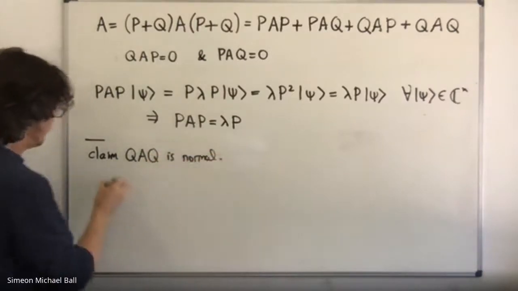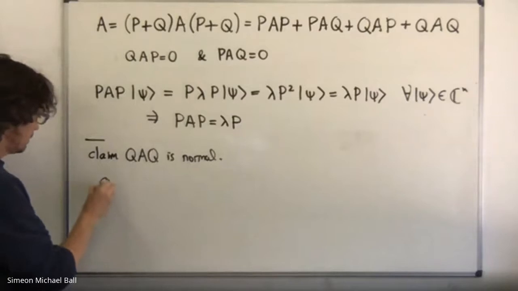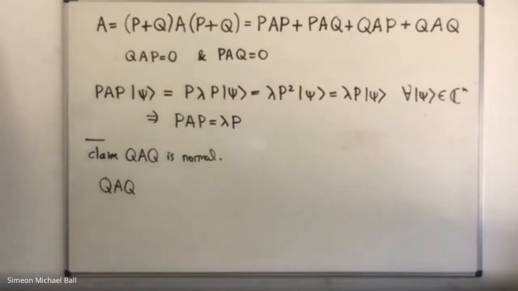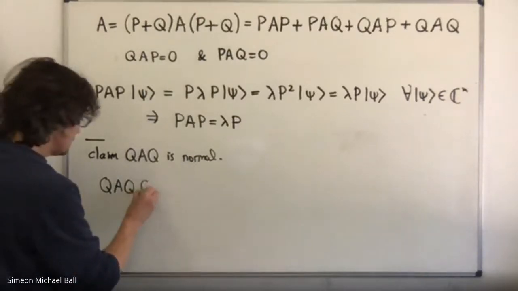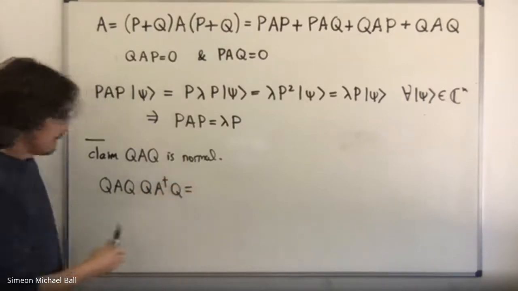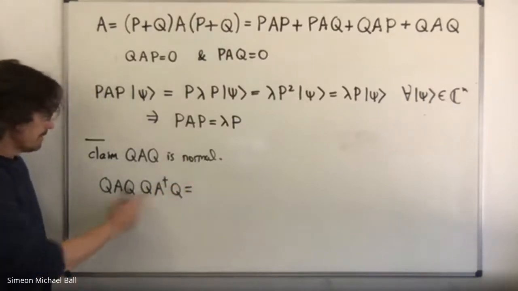To do this, we need to prove that this times its Hermitian conjugate is the same as writing it the other way back, with the A conjugate here and the A here.